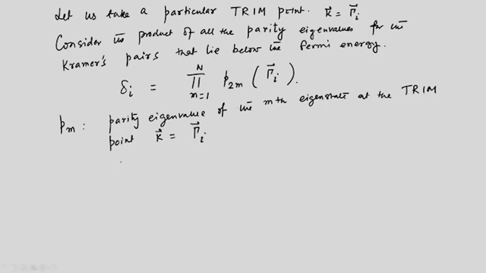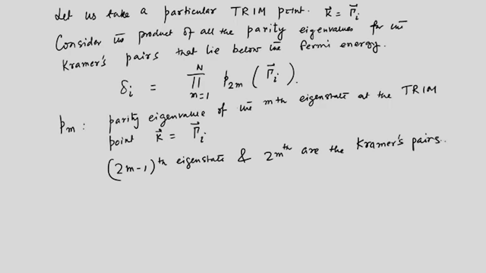The Kramers pairs are the 2m minus 1th eigenstate and the 2mth eigenstate. What it means is that you have p 2m minus 1 at the gamma i point equal to p 2m at the gamma i point, and so on.